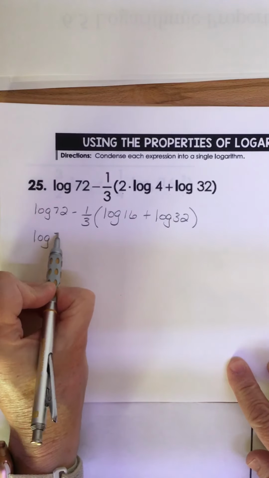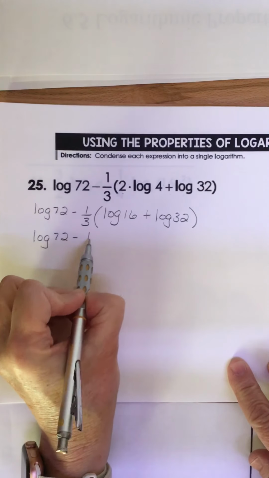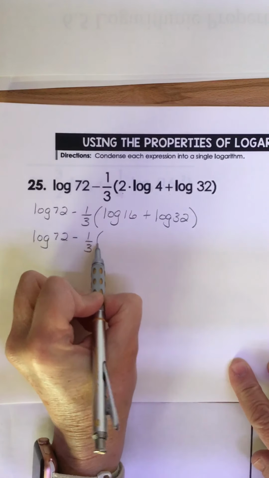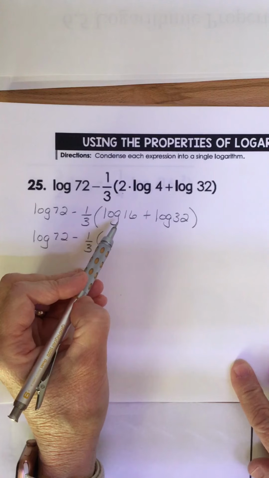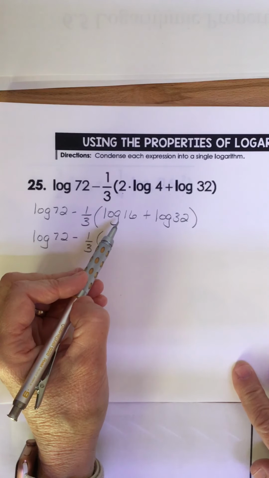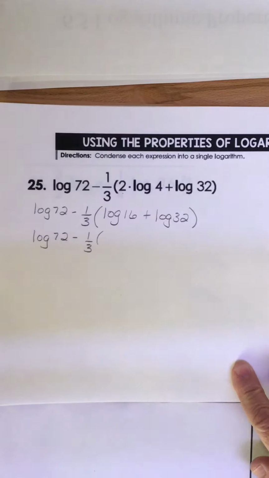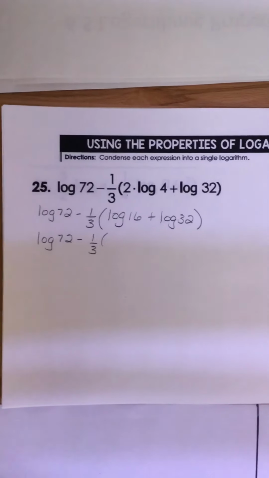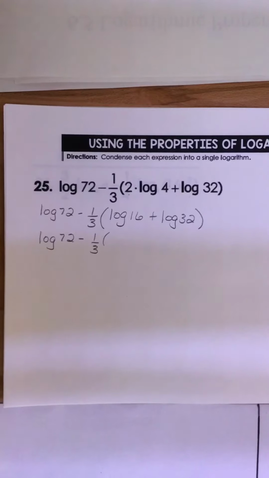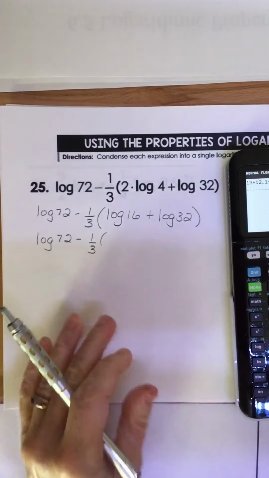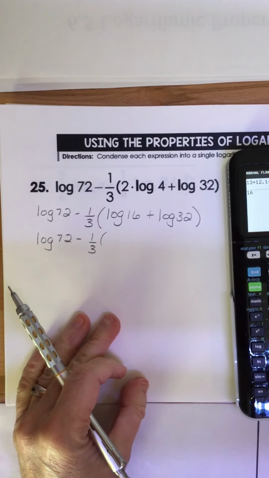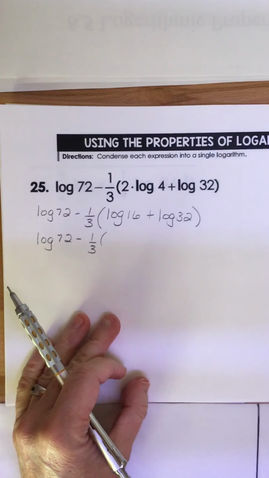So log 72 minus 1/3, and it's going to be log of 16 times 32, which I believe, let me check real quick. Gotta unplug my calculator. So 16 times 32 is 512.